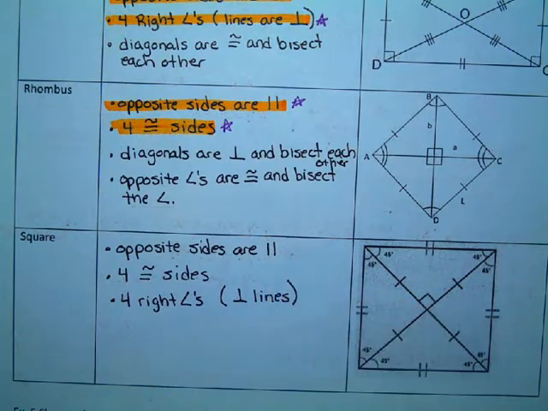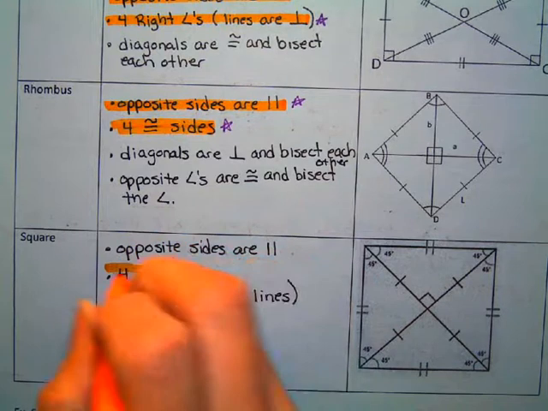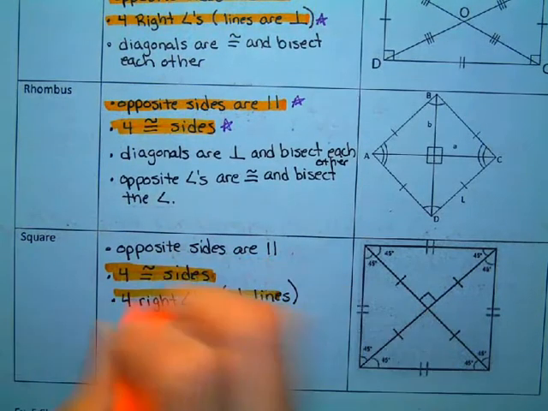Now I could keep listing diagonals are congruent, diagonals bisect, diagonals are perpendicular. You can see all those 90-degree corners are broken to 45. And like I said, I could list them all, but for today, the main thing we want to look for is this one has 4 congruent sides and perpendicular lines.